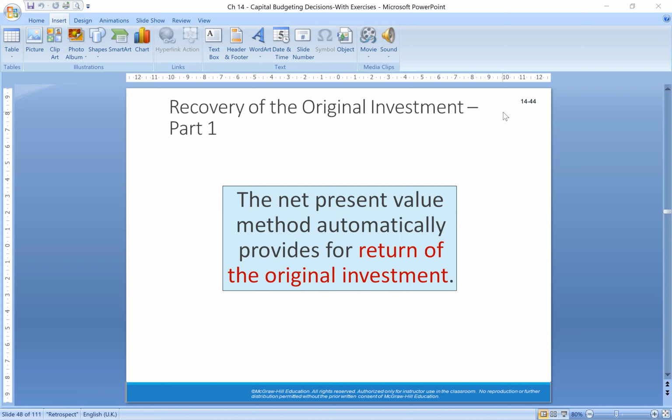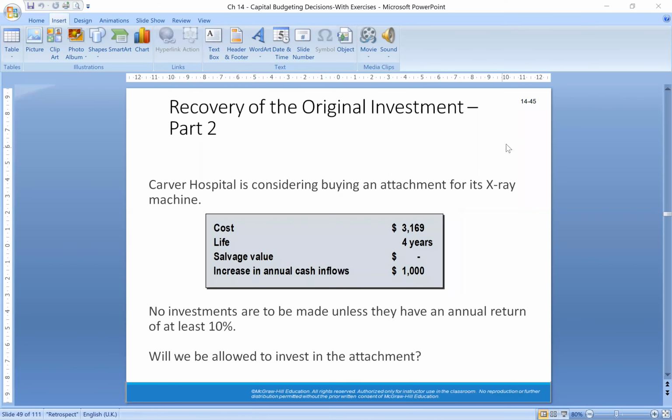The net present value method automatically provides a return of the original investment. Suppose that we do have this example. We do have a cost for a machine, 3,169, life is 4 years, no salvage value, and the increase in annual cash inflows is 1,000.